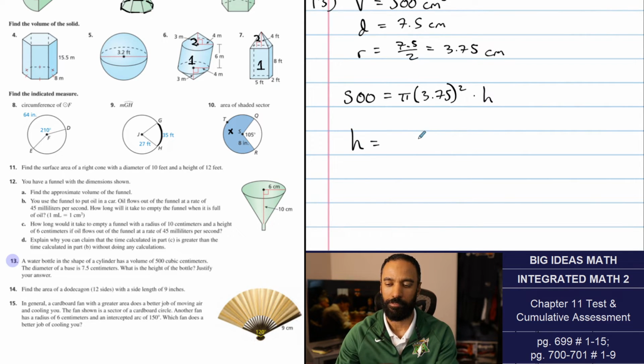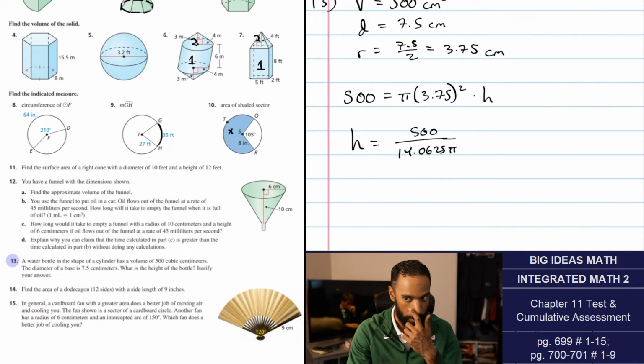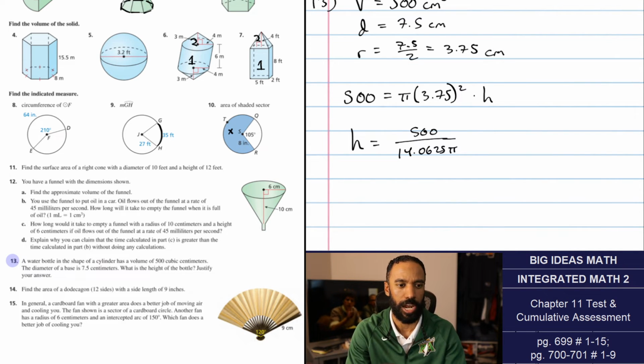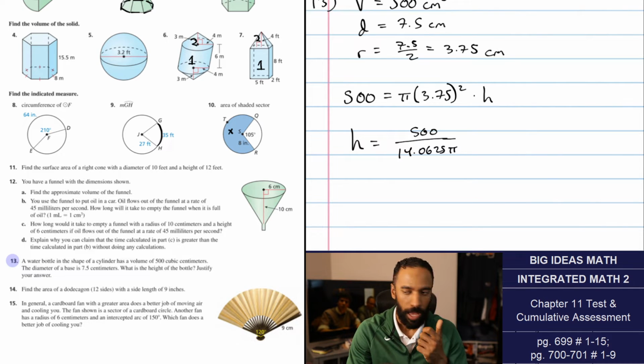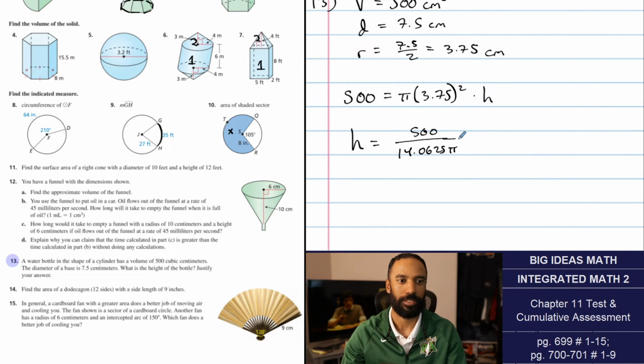So height will be 500 divided by 14.0625 pi. When I use the calculator, pi has to go in parentheses with the denominator if I do this in one calculation. So 14.0625 pi in parentheses, divided. We're getting a height of about 11.32 centimeters.